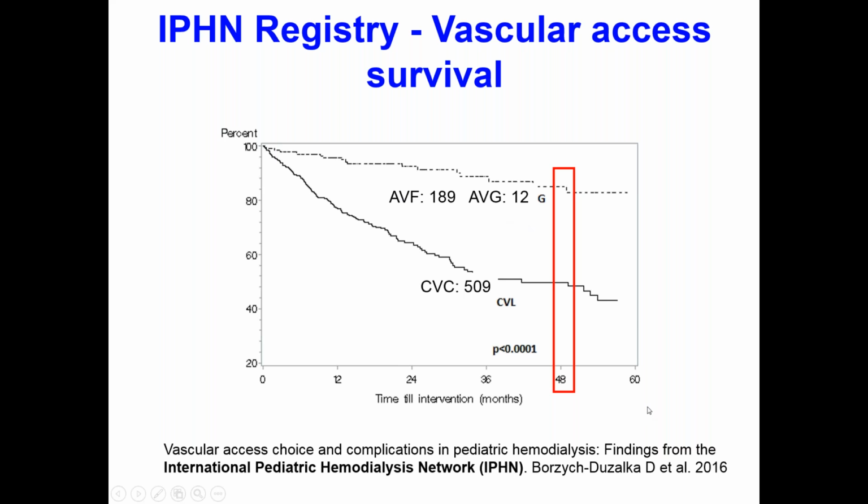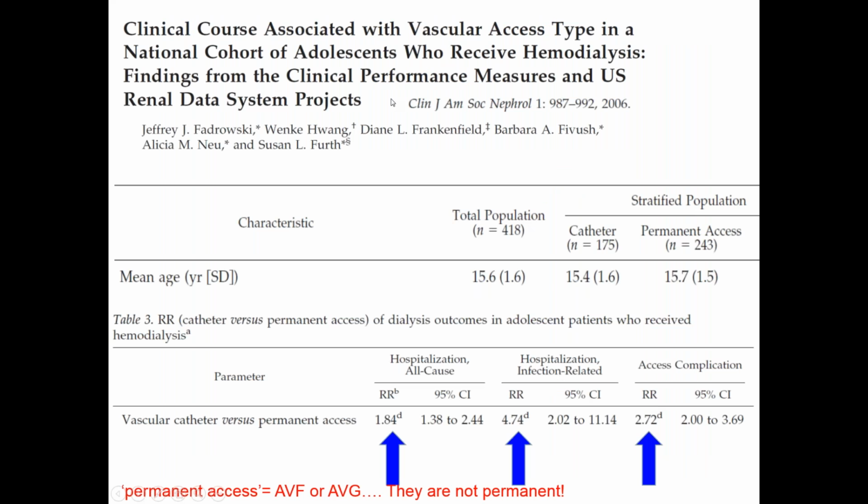Then we come to the clinical course associated with the vascular access type and the risks associated with this. This is a US-based study, and here they've compared hospitalization from all causes, infection-related causes, or access complications. They've compared central venous lines versus what they call permanent access, which for this paper is AVFs or AVGs.